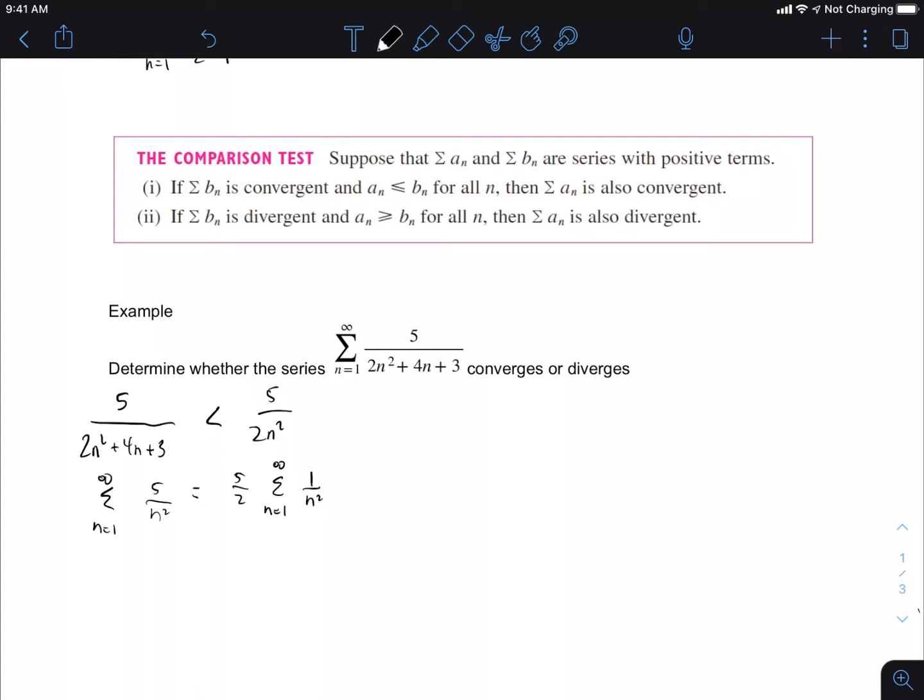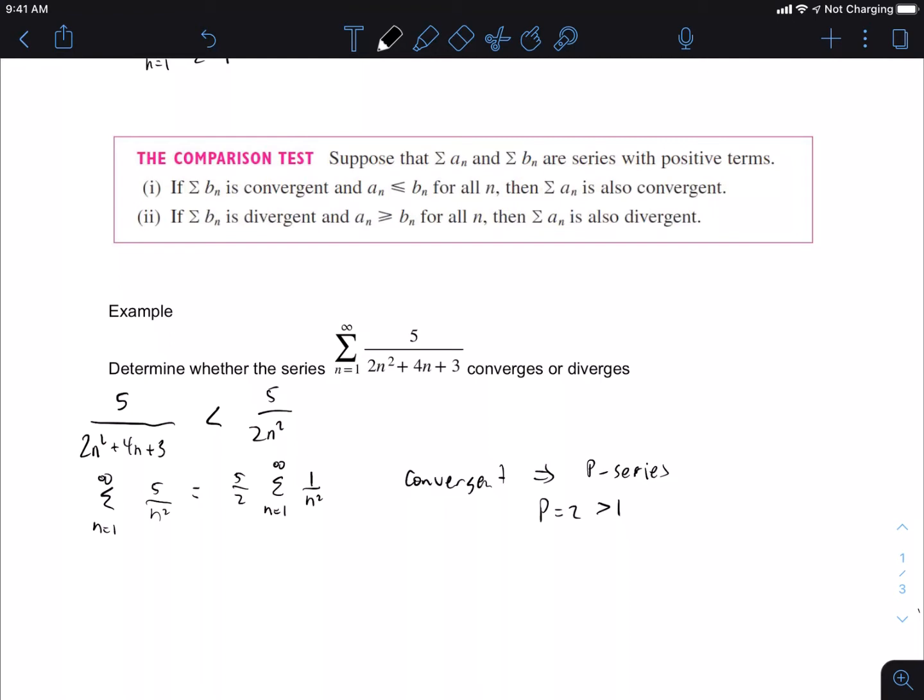And we know that this is convergent, right? And the reason we know that this is convergent is because this is a p-series, and it's a p-series that has its p equal to 2, which is bigger than 1. And we know from p-series that makes it convergent.